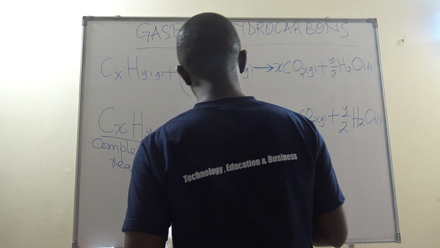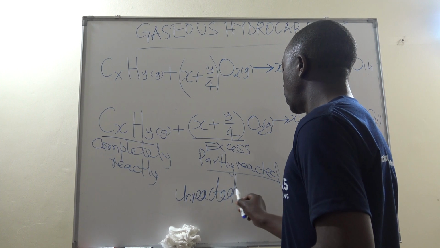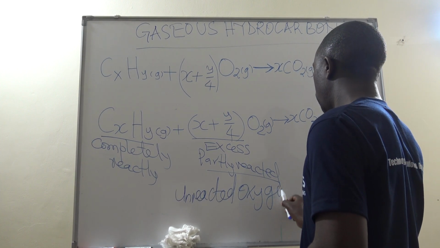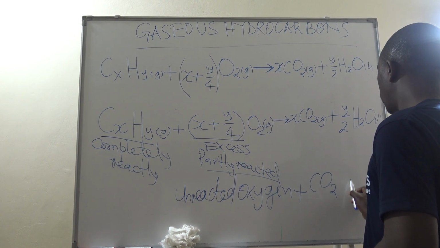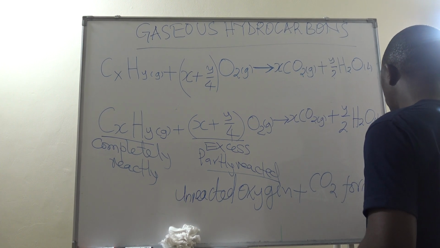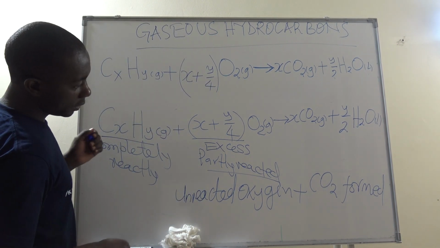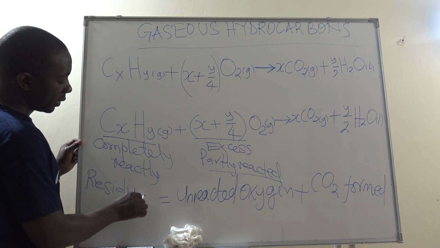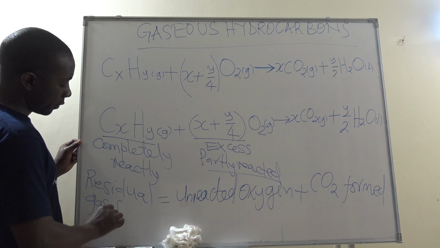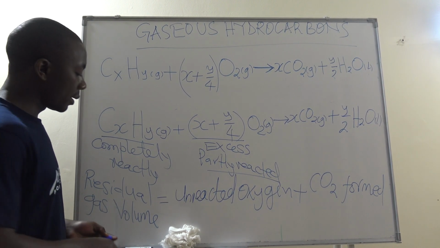So the unreacted oxygen plus the carbon dioxide gas formed, because those are the two gases present after the reaction, is what we call the residual gas volume.